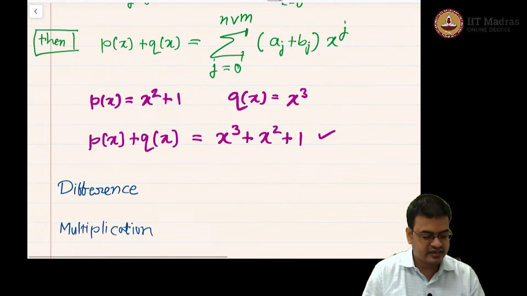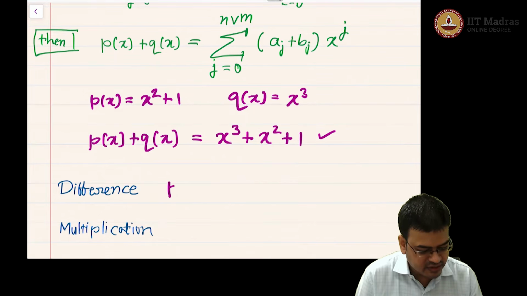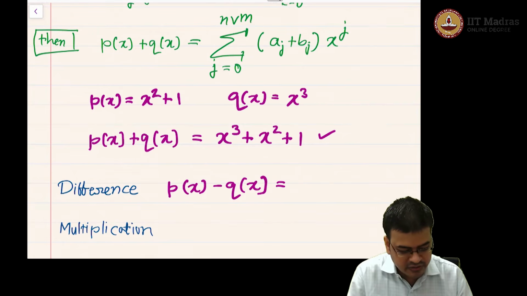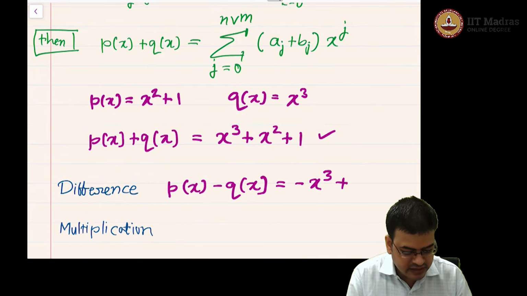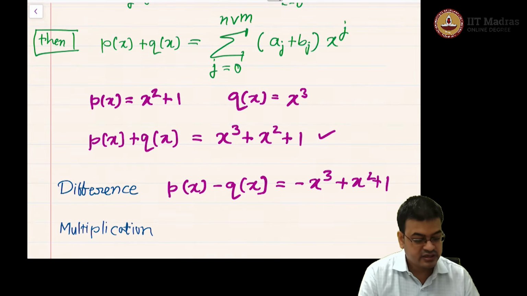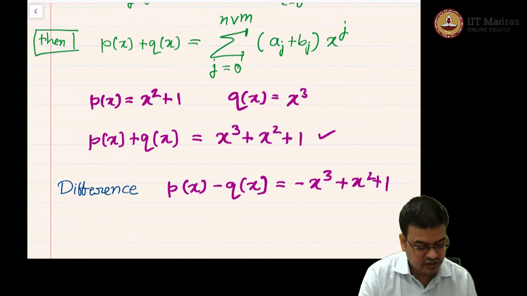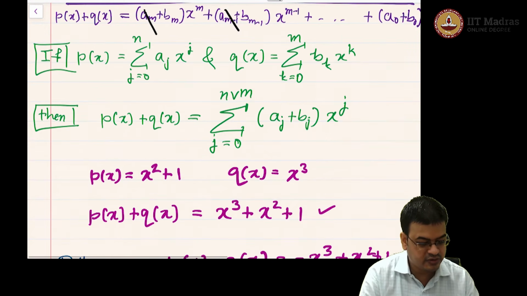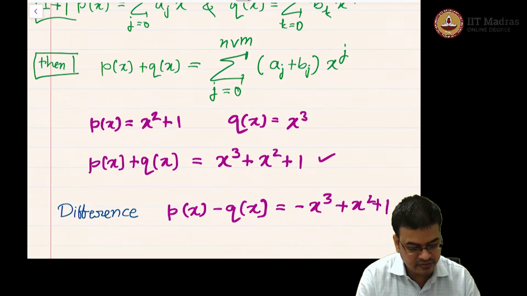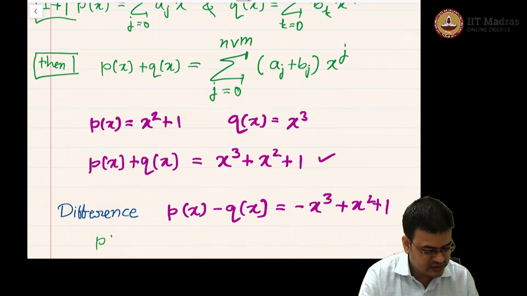Then a minor difference is nothing but you are talking about p(x) minus q(x). So if I want to subtract these two polynomials, what will happen? Minus x cubed plus x squared plus 1. This is the difference. Now if I want to formally write the definition of a difference, I can simply copy this and substitute p(x) minus q(x).